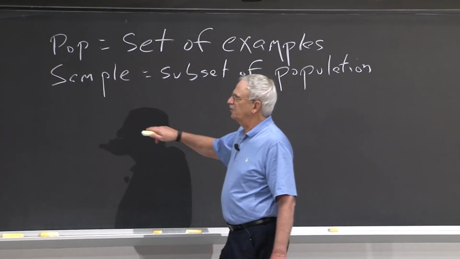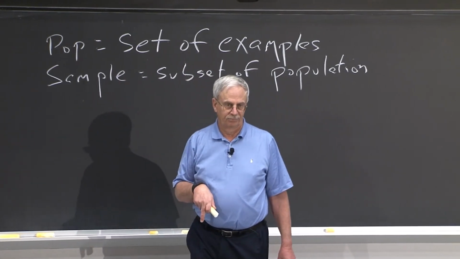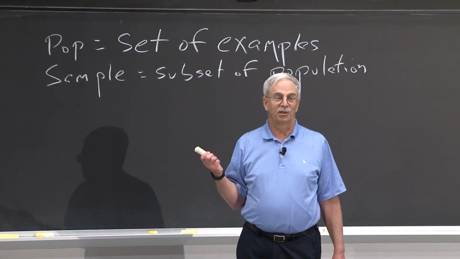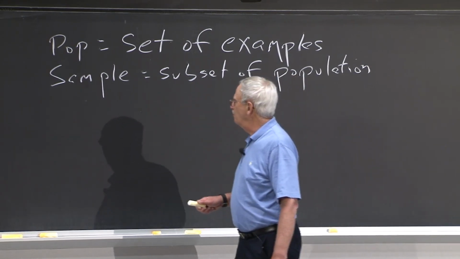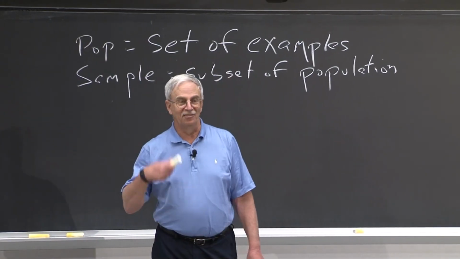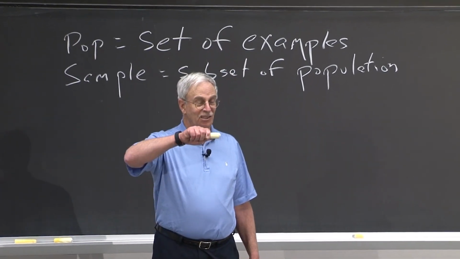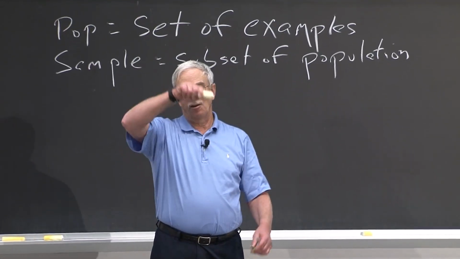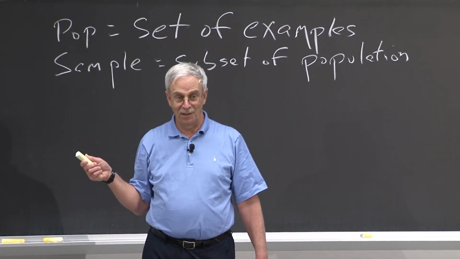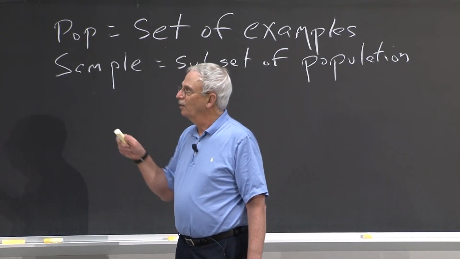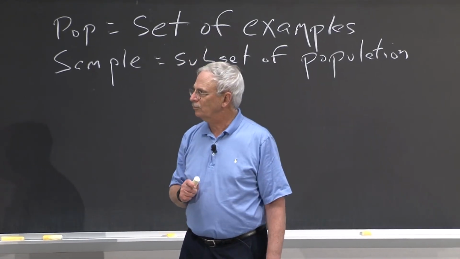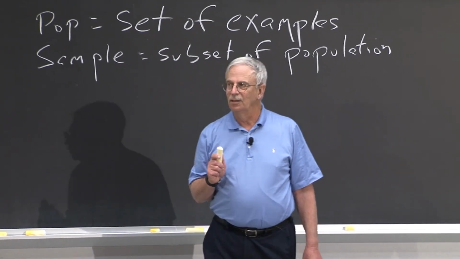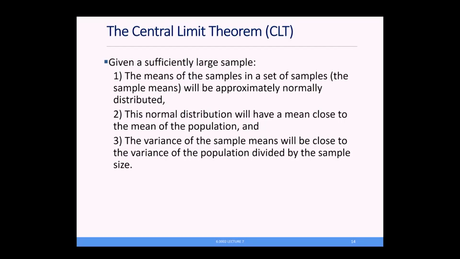If this set is sufficiently large, certainly 1 is not sufficiently large, then it will be the case that the mean of the means, so I take the mean of each sample, and then I can plot all of those means, or take the mean of those, they'll be normally distributed. Furthermore, this distribution will have a mean that is close to the mean of the population.